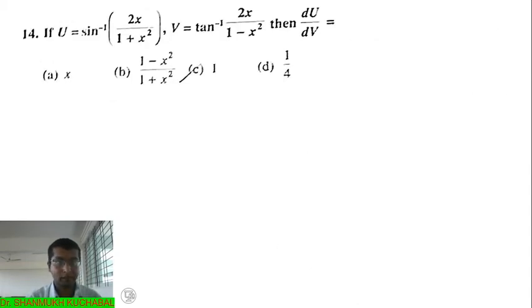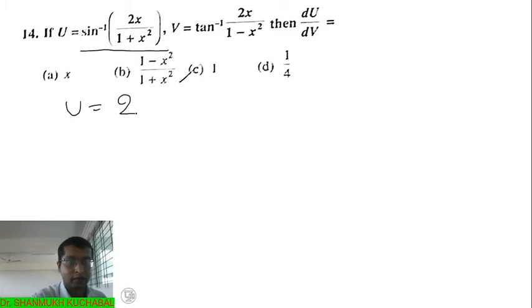So next example, it is given that u equal to sine inverse of 2x divided by 1 plus x square, and v equal to tan inverse of 2x divided by 1 minus x square. So using a standard formula, sine inverse of 2x divided by 1 plus x square can be written as 2 tan inverse x.